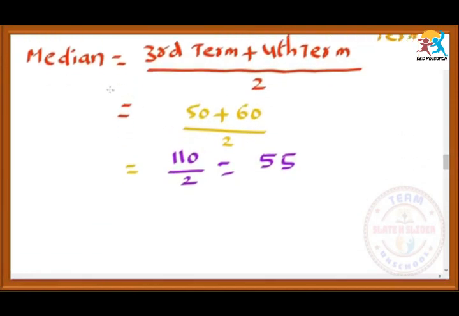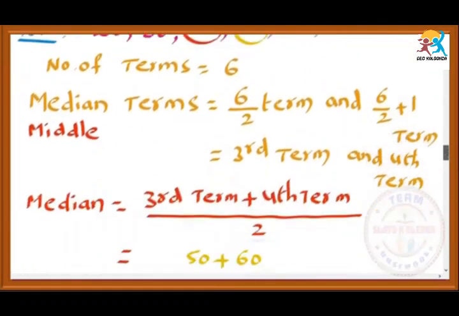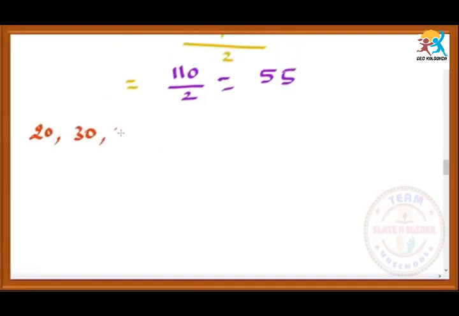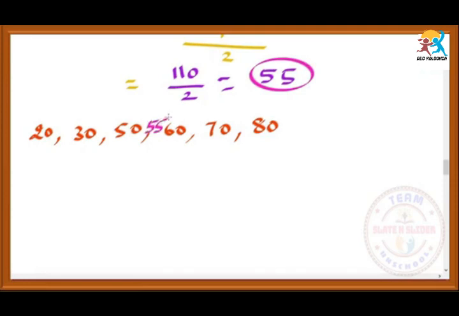Let me explain that. First we will write the question, that is 20, 30, 50, 60, 70, and 80. So the term 55 will be between 50 and 60. So I will write here 55.